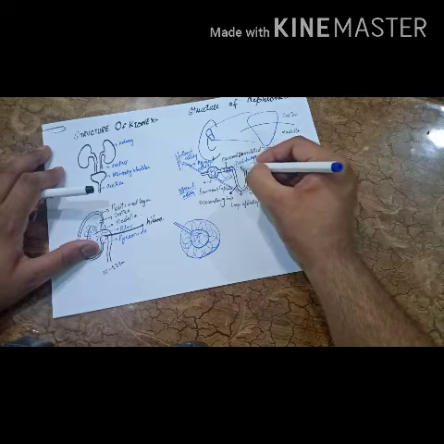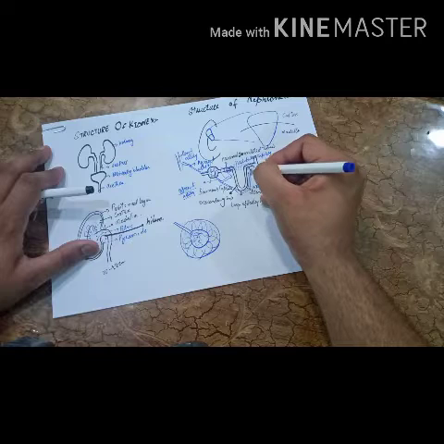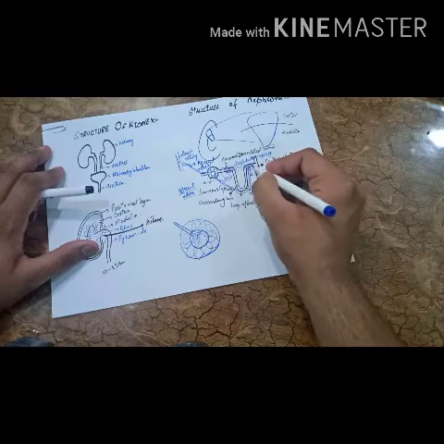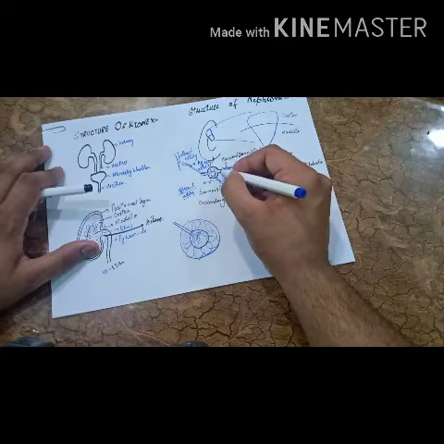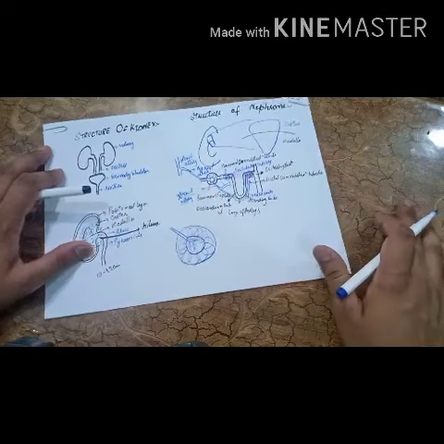Here is another branch of this peritubular capillary which runs around the distal convoluted tubule. Now these blood capillaries and the tubular system perform the filtration mechanism.